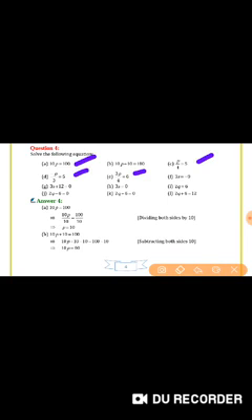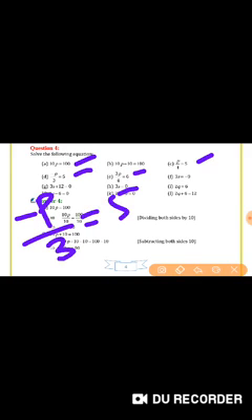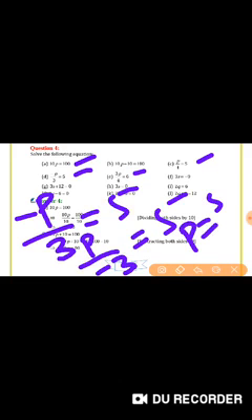Here what you have to do: divide by minus 3, because we want to remove the 3. I want to transfer the sign to the denominator. Minus p by 3 is equal to 5, so I want to multiply by minus 3 on both the sides. Minus 3 gets cancelled. 5 into minus 3, so p is equal to minus 15.